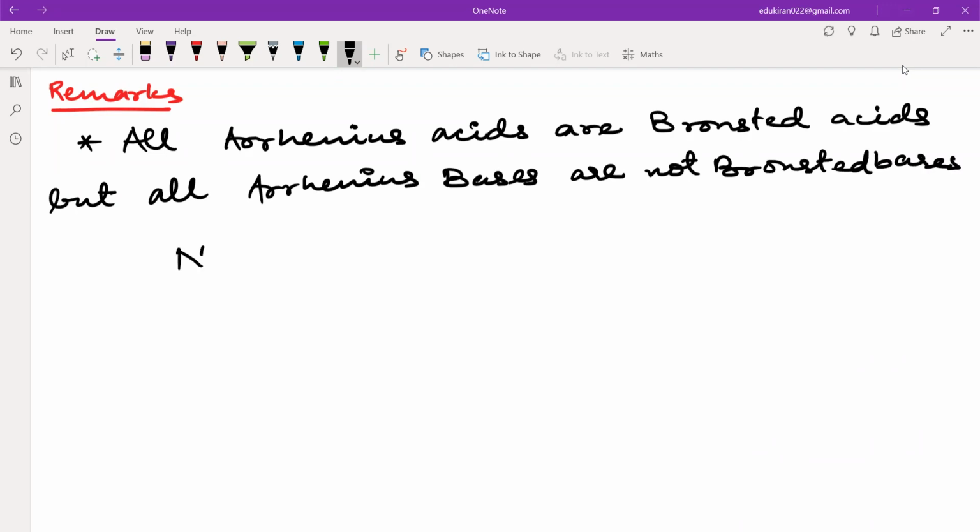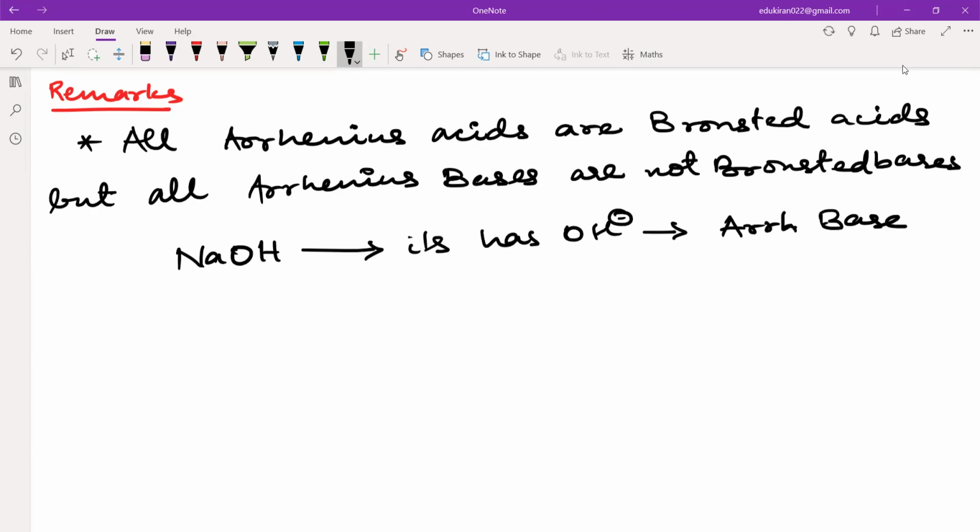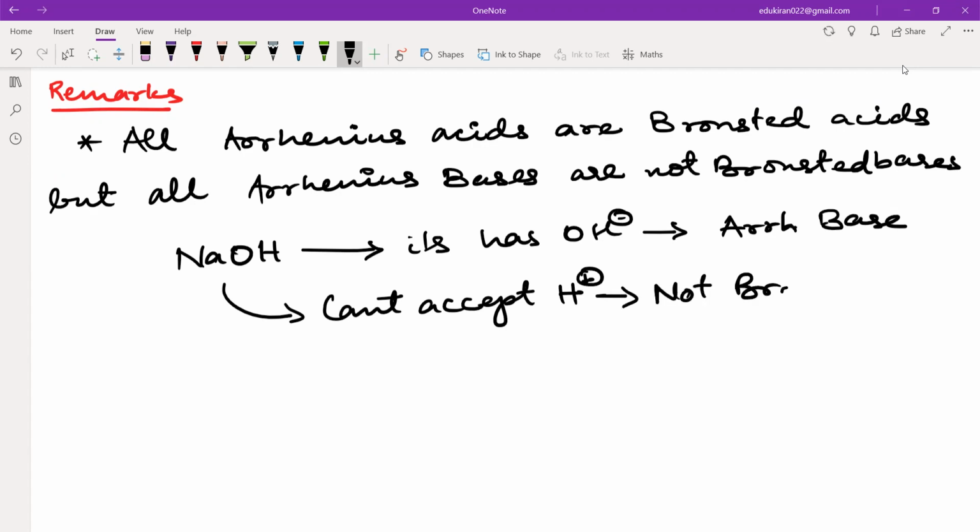But it can't accept H plus, right? And that is why it is not a Bronsted base.